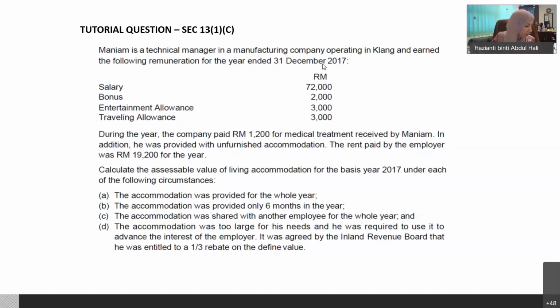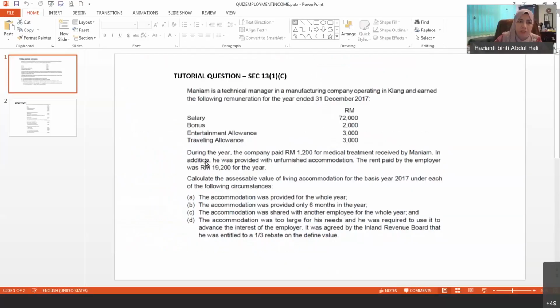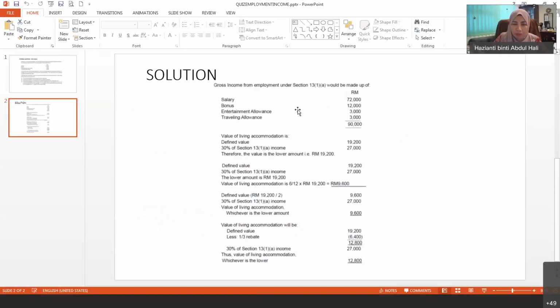Saya baru check my solution. This question is from MFPC, jawapan dia pun salah. So 72 plus 2 plus 3 plus 3, how much do you get? 80. Okay, you betul kan. This is the solution that I copied, tapi nampak dia letak bonus 12,000, salah ni. So 80,000, terlebih 10,000 kan? It should be 2 je, tapi kat sini dia jadi 12.